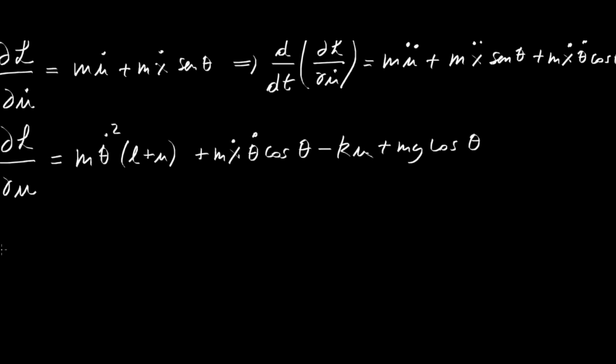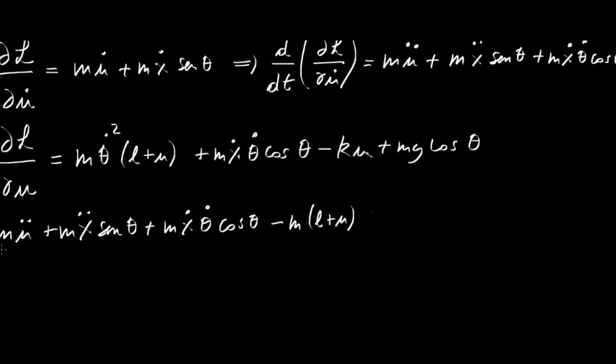Okay, perfect. Then finally the third and final equation of motion reads as follows: m u double dot plus m x double dot sine of theta plus m x dot theta dot cosine of theta, and now minus all the terms contained here in this partial derivative with respect to u, minus m L plus u theta dot square minus m x dot theta dot cosine of theta plus ku minus mg cosine of theta, and again all of this is equal to 0.